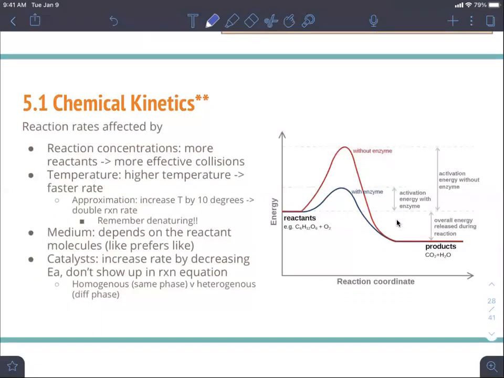Another thing that matters is the medium. The medium depends on the reactant molecules. Like prefers like, meaning in terms of polarity. For example, polar molecules go with polar solvents. Solvents are just the things that the molecules would dissolve in. Say you wanted to react a base with something, you would put that base in a water solution.